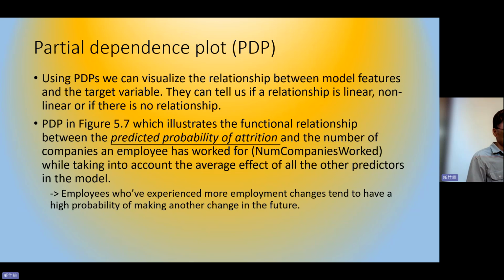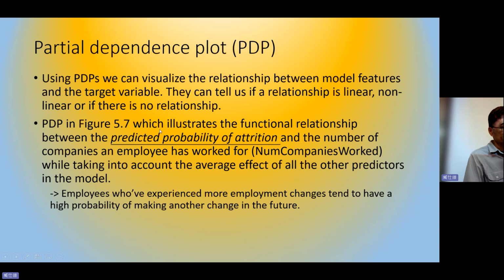We are using what we call a partial dependence plot, which is PDP. Using PDP, we can visualize the relationship between model features and their target variables. They can tell us if a relationship is linear, non-linear, or if there's no relationship.